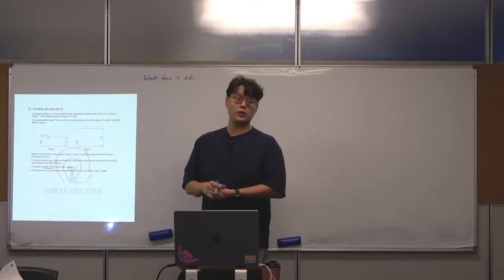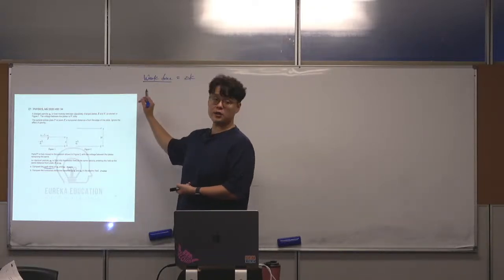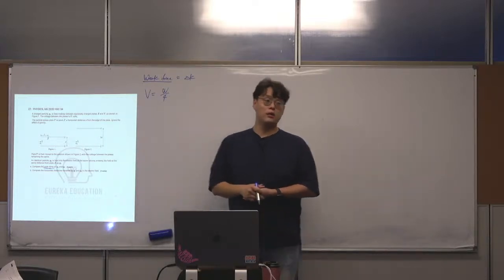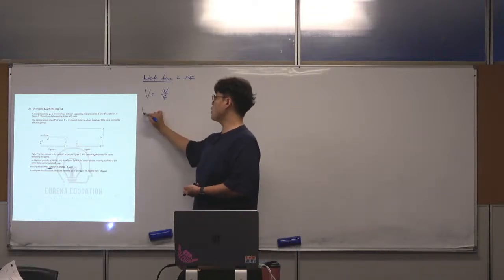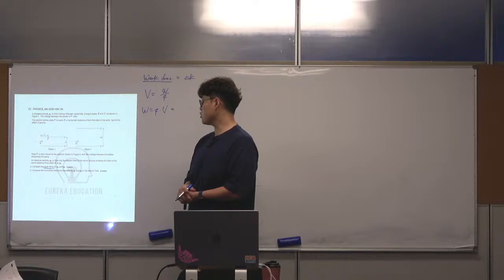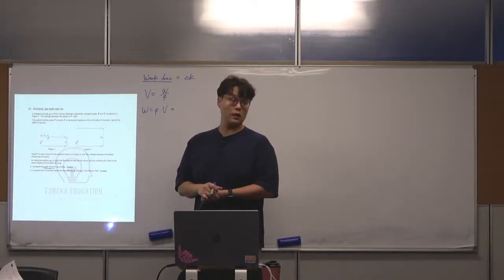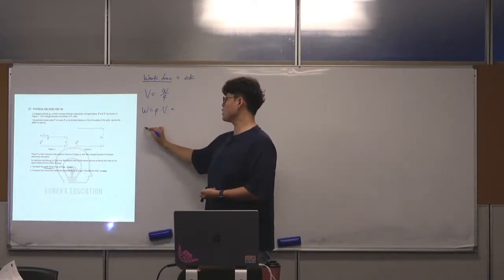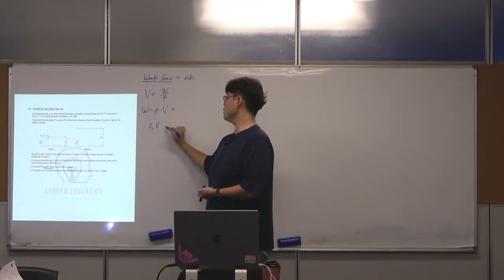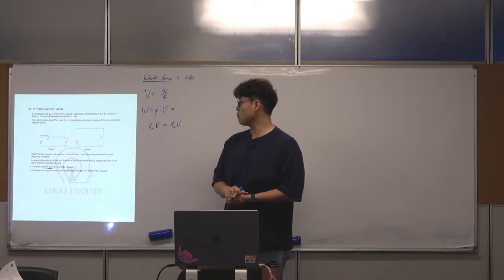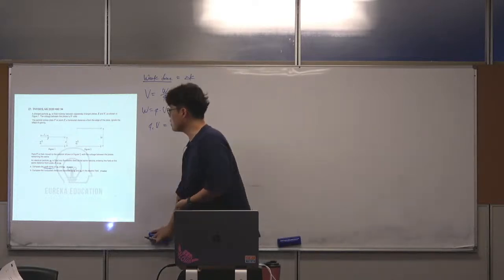Every single time you do electric work done, remember that voltage equals work done on the charge Q. That means you can find the work done by Q times V. For Q1 and Q2, it doesn't really matter because the same voltage is applied. The voltage doesn't change from figure 1 to figure 2, so the work done would be Q1 V, which is the same as Q2 V. That's the answer for A. Compare the work done to Q1 and Q2.